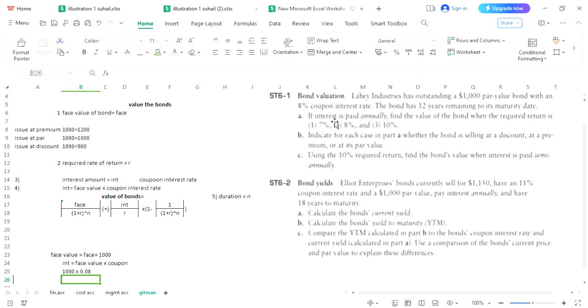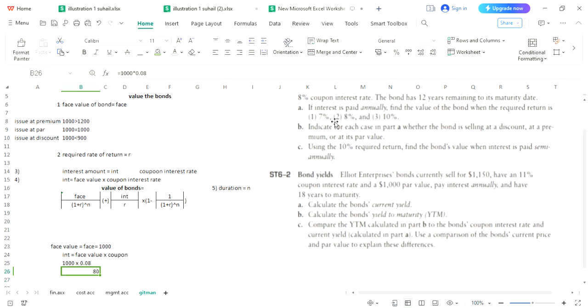Now let's see what you will do on the calculator. 1000 multiplied with 0.08. So you have got the amount of interest as well. Highlight it because it will be used in your formula. First, you have calculated face value, highlight it. Secondly, you have calculated amount of interest, highlight it.